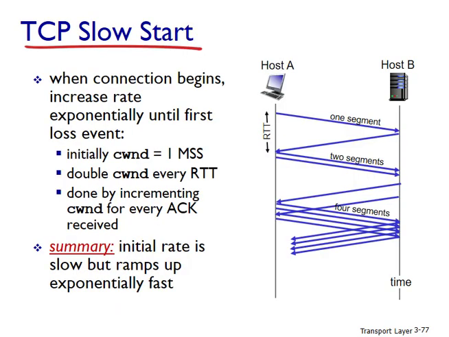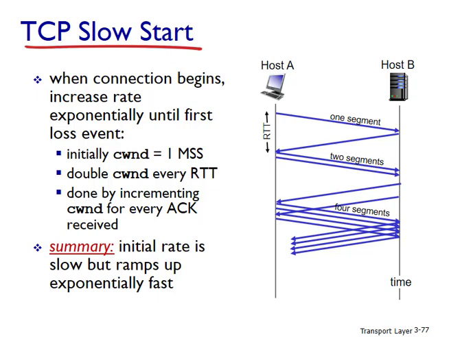When a TCP connection begins, the value of cwnd is typically initialized to a small value of 1 maximum segment size, resulting in an initial sending rate of roughly maximum segment size divided by round trip time.